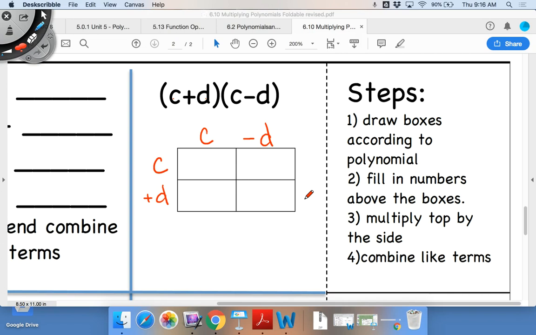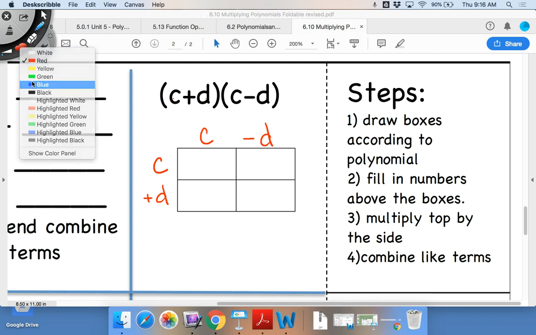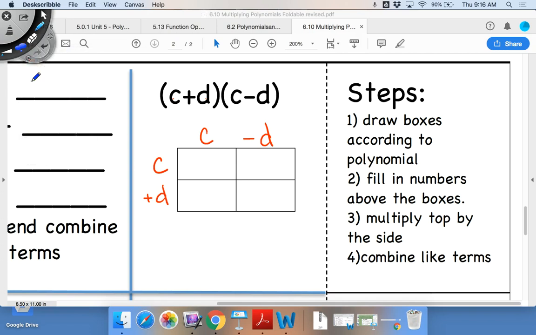At this point, we're going to multiply each column and each row. You guys have seen some of this before, and this is why for some of my students in the past, this felt really comfortable. Over time, they get tired of drawing the boxes and they just go my way, FOIL. Okay, but here we go. C times C is C squared.